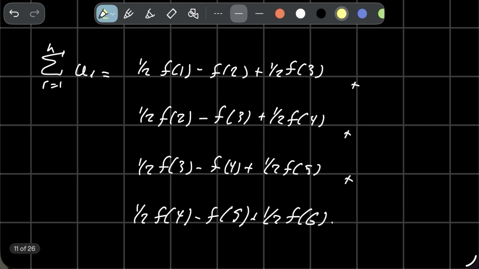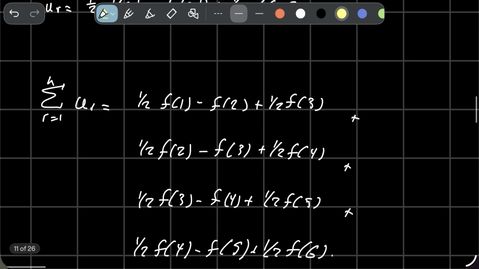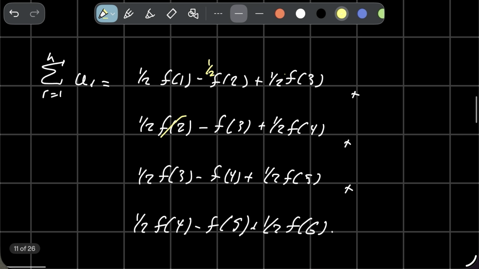We have the first half f1, of course, it will not go, but the f2, what would happen to it? This half f2 will be gone, and this will stay: minus half f2. Okay, what about the rest? f3 will go with this one, and it will stay here: minus half f3.